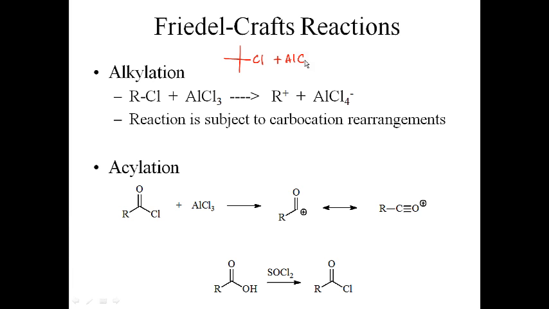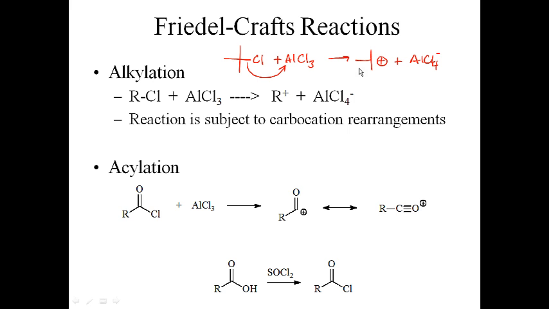So here's my AlCl3. In other words, the carbon-chloride bond would break and the Cl- would go to the aluminum. That would then leave me a tertiary carbocation and an AlCl4- counterion.